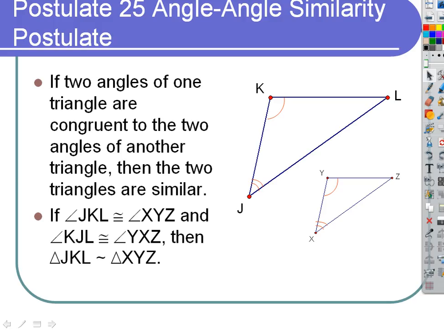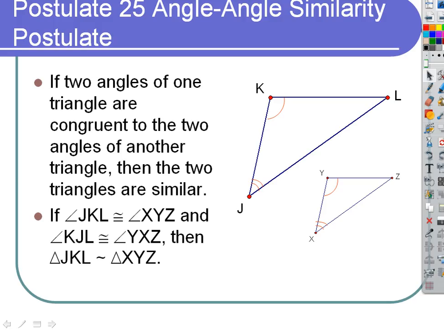Now, what's another one we had? SAS, side angle side. If two sides and the included angle of one triangle are congruent to the corresponding two sides and the included angle of another triangle, then those triangles are congruent, et cetera, et cetera. So we had 4 of them.